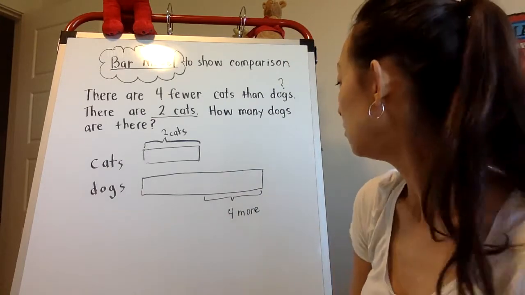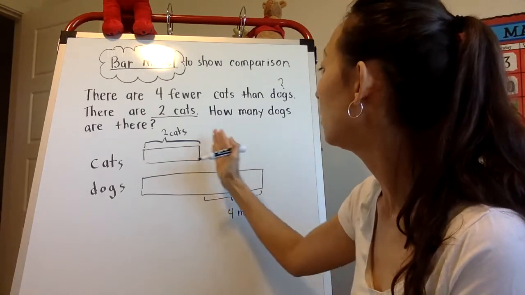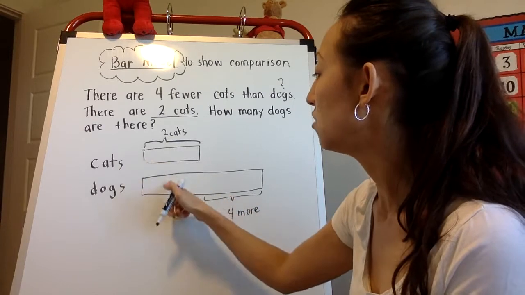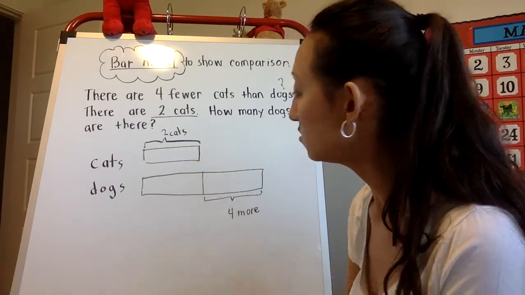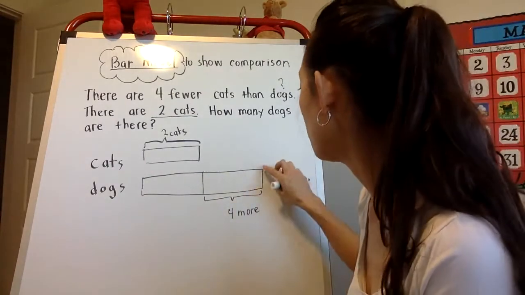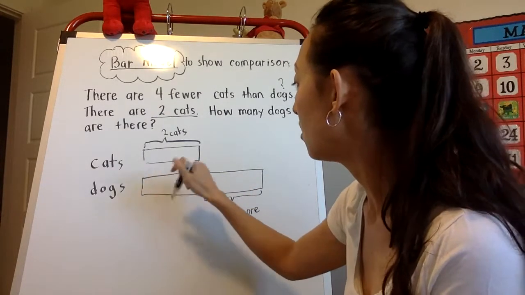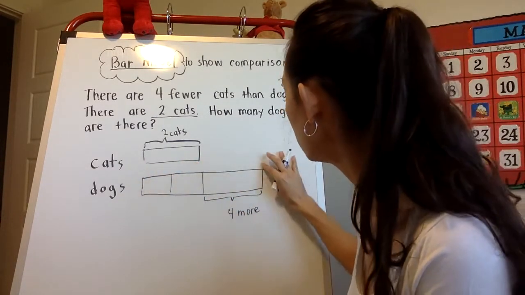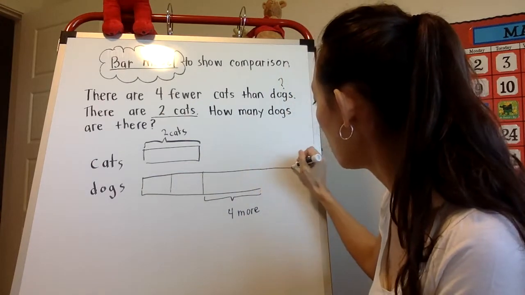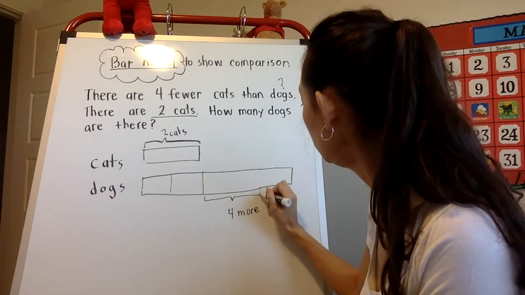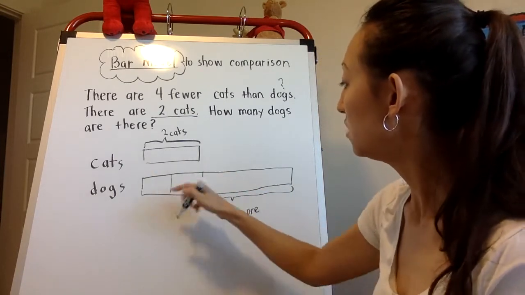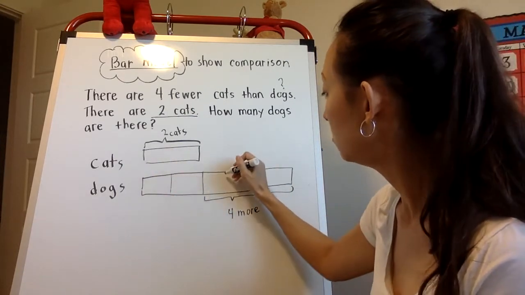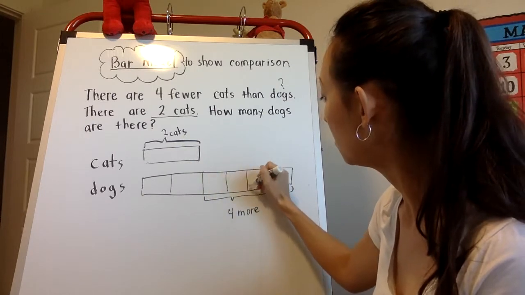If there are 4 fewer cats than dogs, that means dogs have 4 more. Now I can look at this bar model, and I know that there are 2 here. It's not exactly a perfect drawing, but the labels will help me. Here I have 1, 2, and then I have 4 more here.